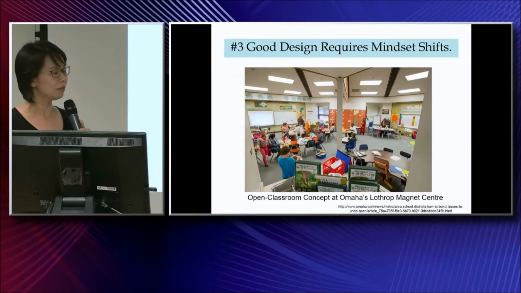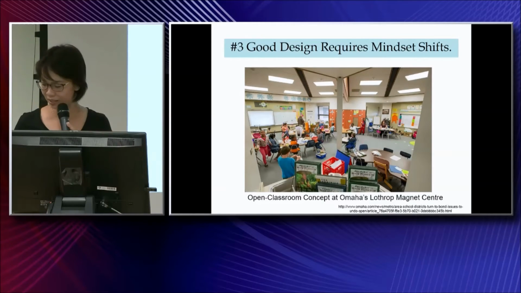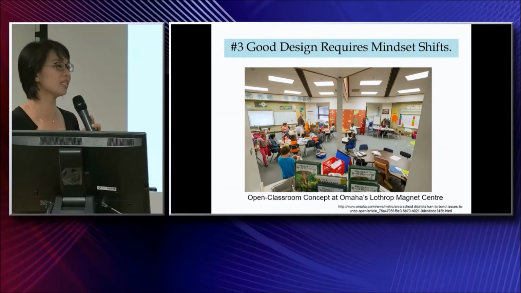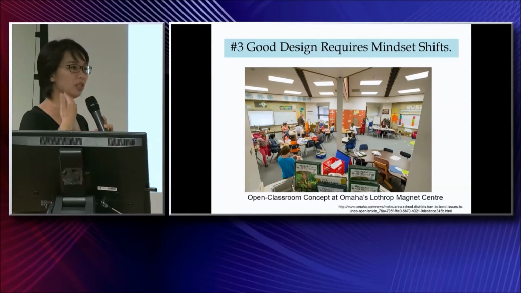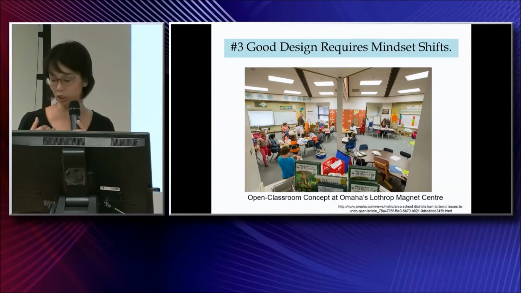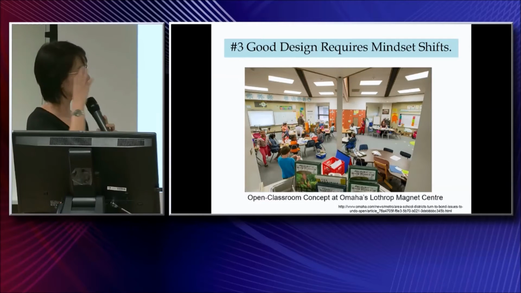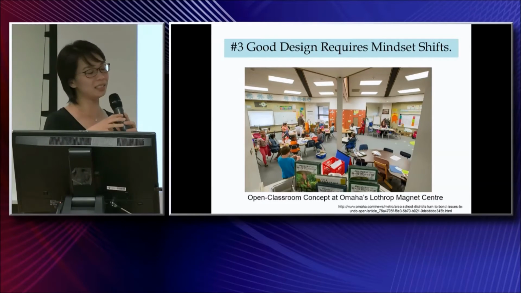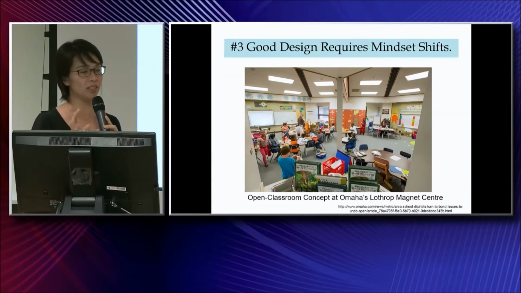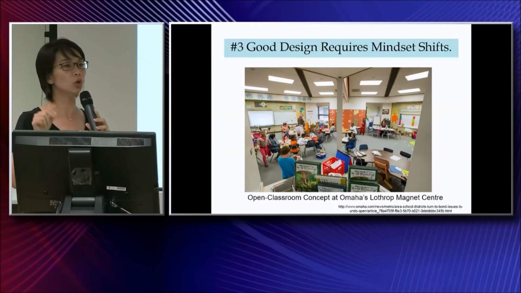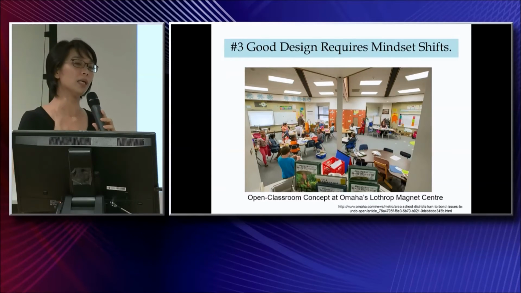That's one. Number two also is the idea that maybe architects are very good at design, but we use the space for a particular pedagogical purpose. So educational spaces need to be designed in such a way that they are pedagogically and locally sound. Okay, what do I mean by locally sound?